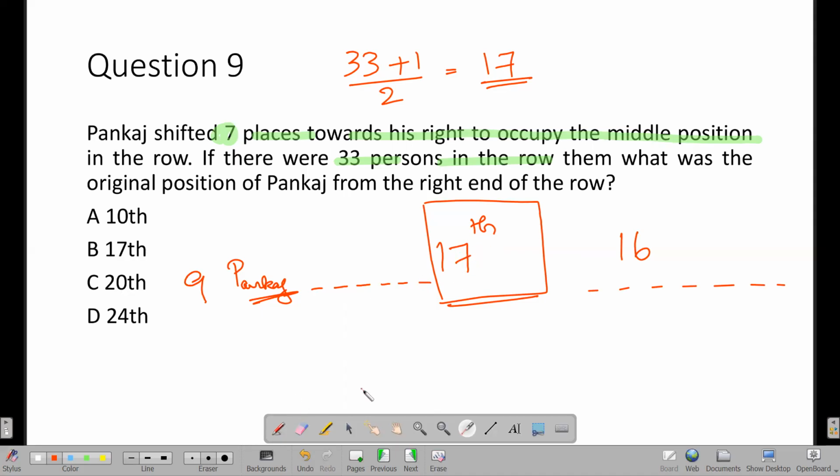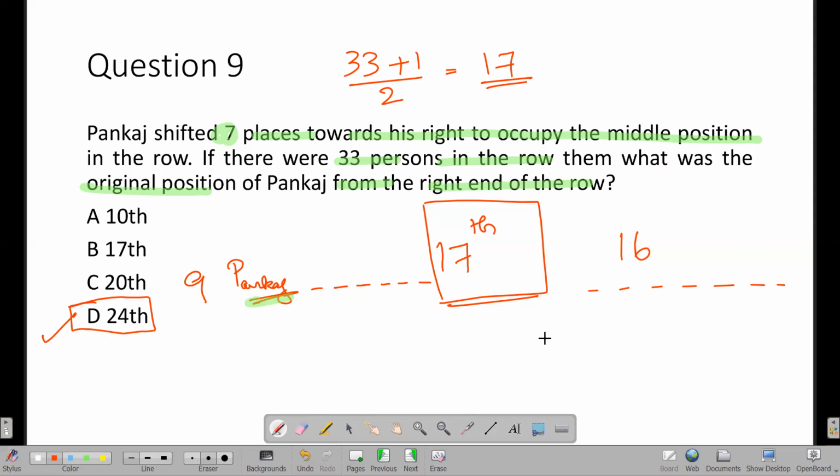So in the question it is asked, what is that original position of Pankaj from the right end of the row? So from the right end, you can see 16, 17, 18, 19, 20, 21, 22, 23, 24. So 24th position from the right end of the row, that is the original position of Pankaj.